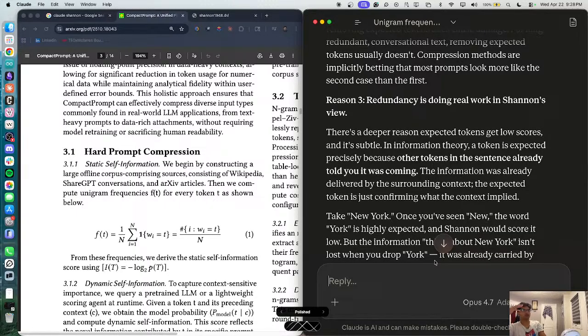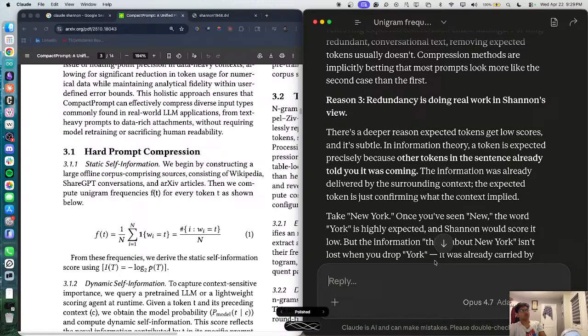So basically, the static self information piggybacks off of Claude Shannon's work on information theory, where essentially it finds all of the tokens which have a high surprise or a high information, which means that they're rare and not really seen that much, and therefore have a lot to contribute to the prompt.